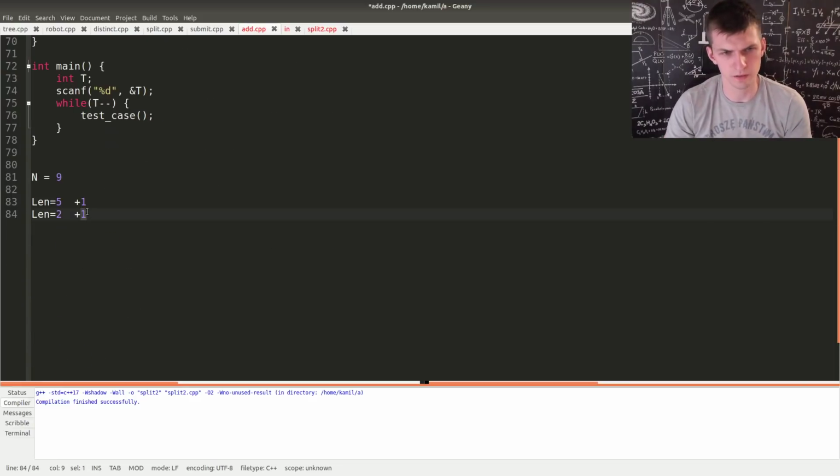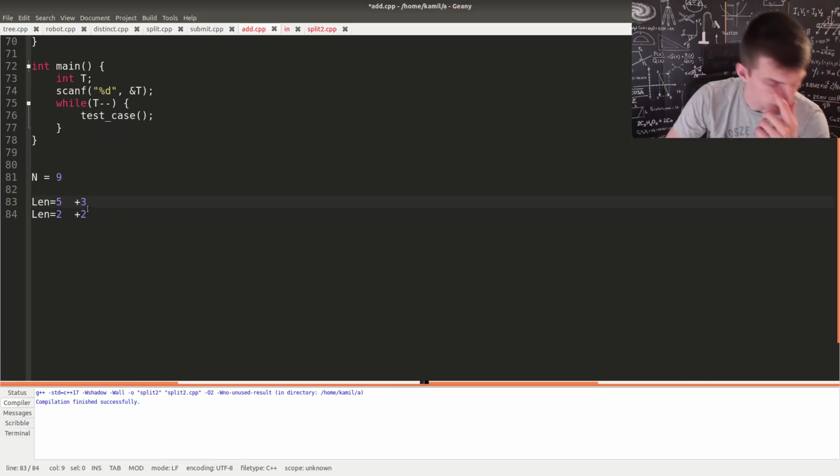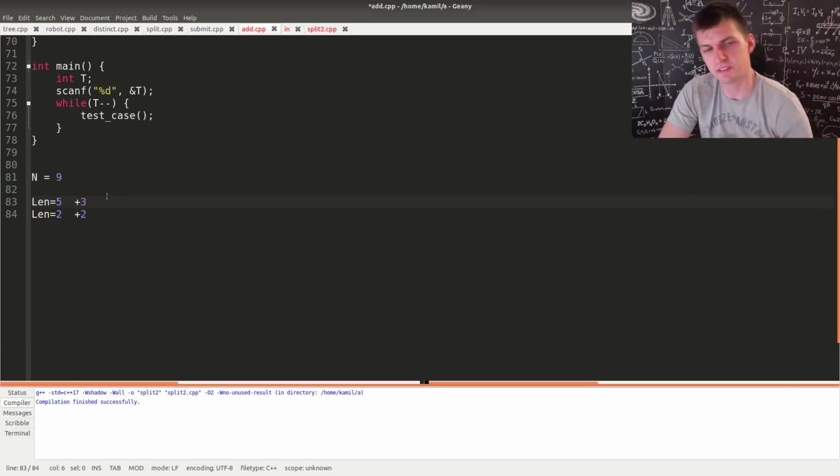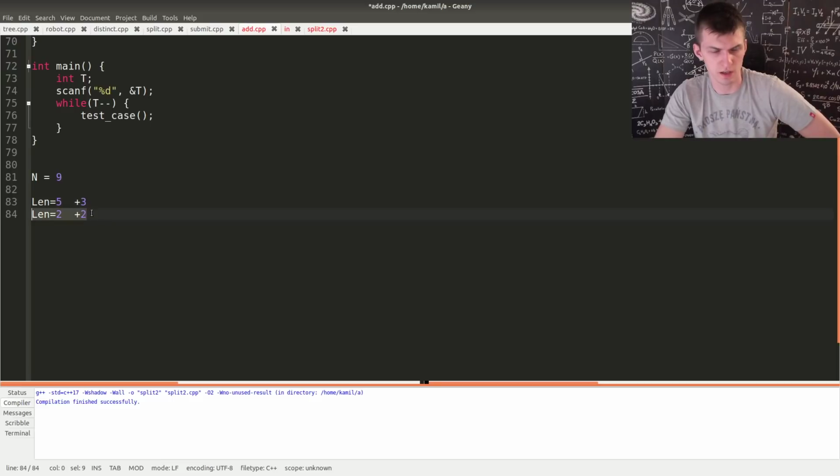If I add +2 here and +3 here, my program will think that this is already good enough. I can, like that, increase everything by 6. If I just use this, I will increase by 27. If I just use this, I will always increase by a multiple of 3.